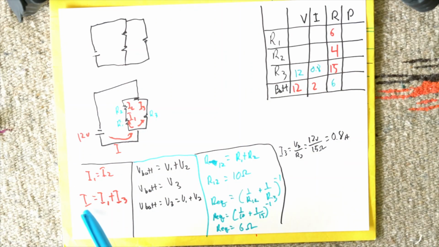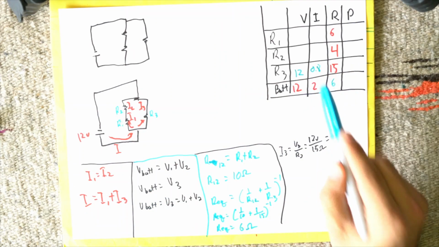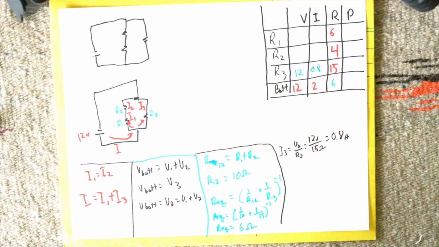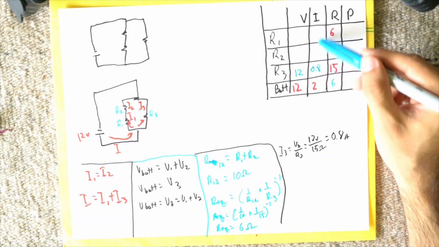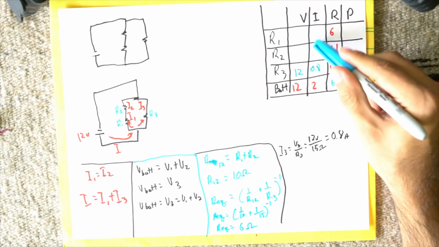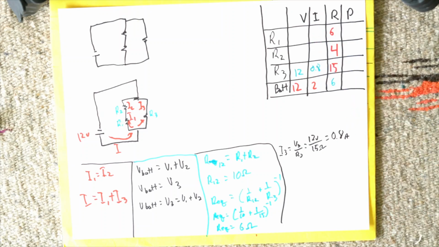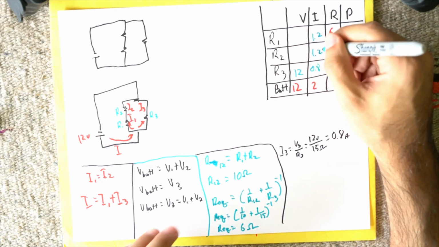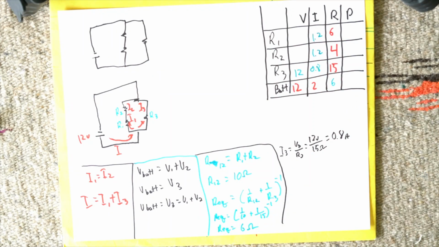Remember that the current here is going to equal I3 plus either I1 or I2 because they're the exact same one. So these have to be identical. So that means what plus 0.8 gives me 2? You should be able to do that in your head. That would be 1.2, 1.2. Do we see that? Because this is the same current, it doesn't change. So this plus this would give me that.